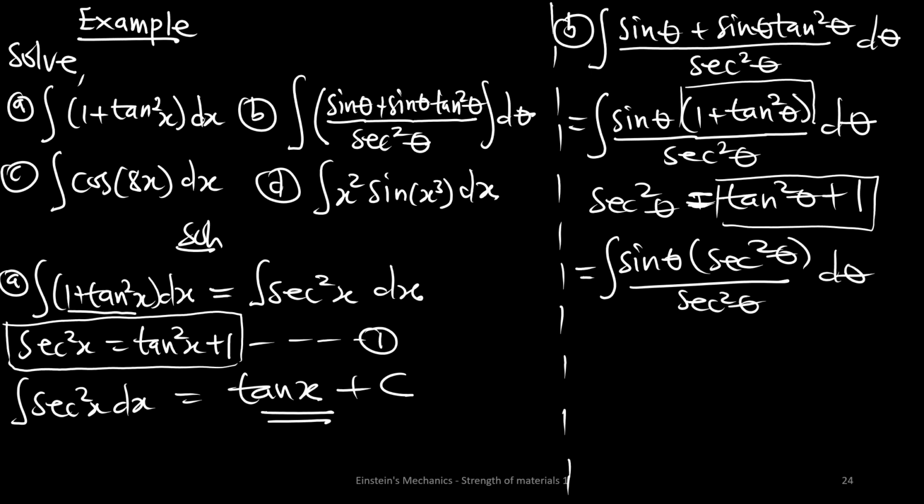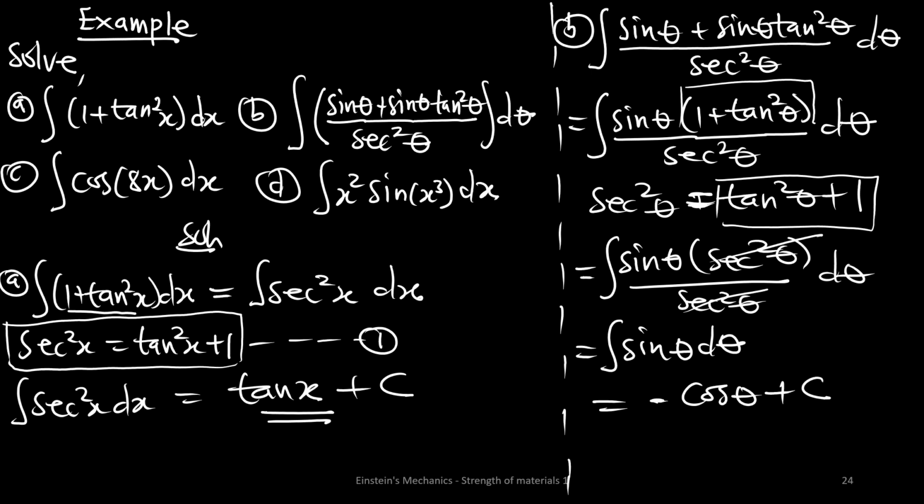So this can take care of that, and the whole expression is going to be the integral of sine theta d theta. Are we good? So now what is the integral of sine theta? That is going to be equal to negative cos theta plus our constant c.